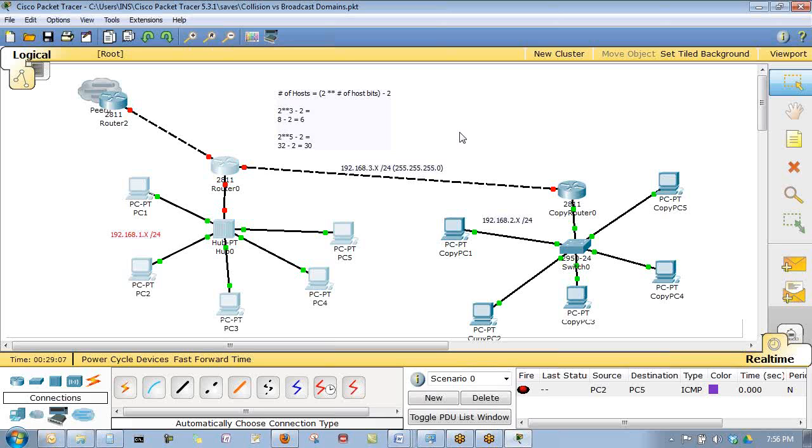Let me give you an IP address, with a slash.